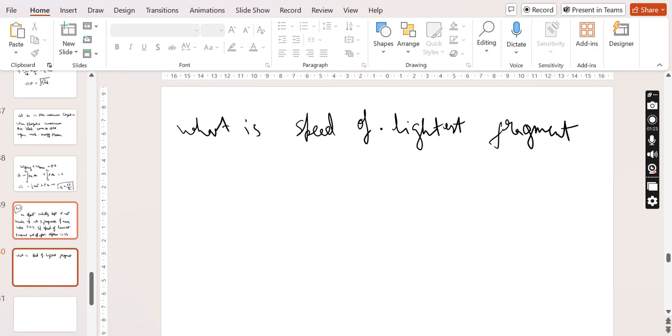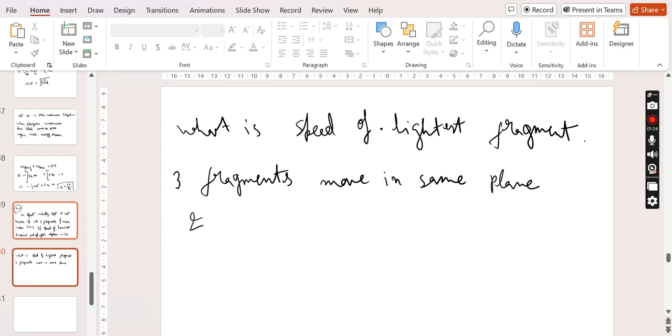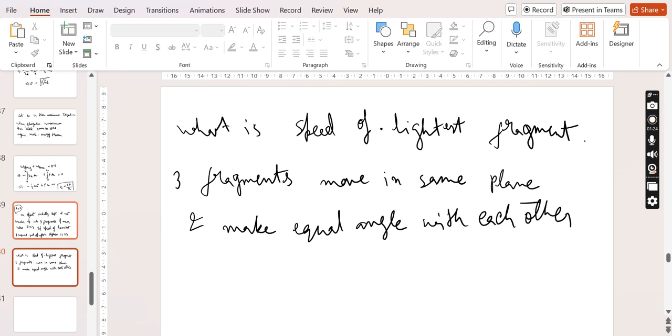It is given that the three fragments move in the same plane and make equal angles with each other. Momentum conservation.